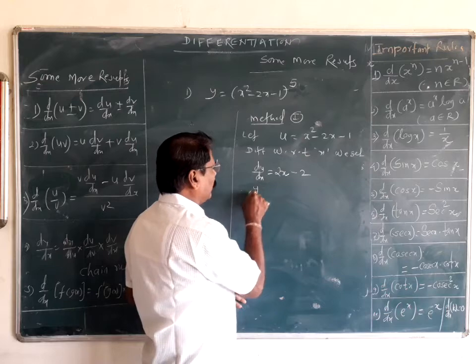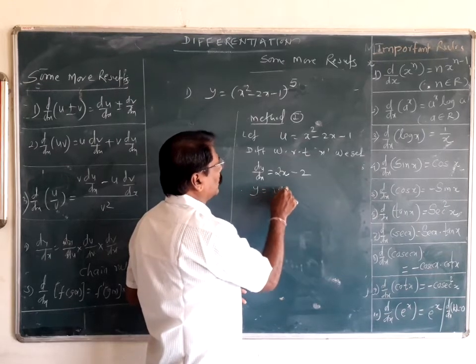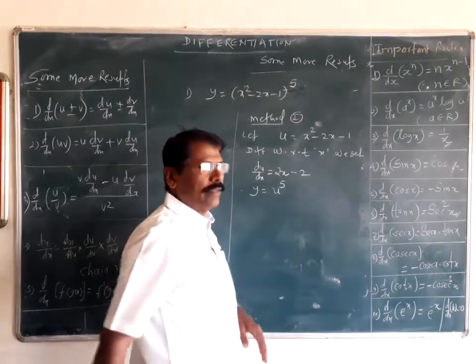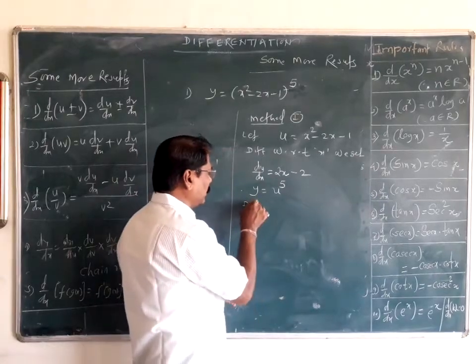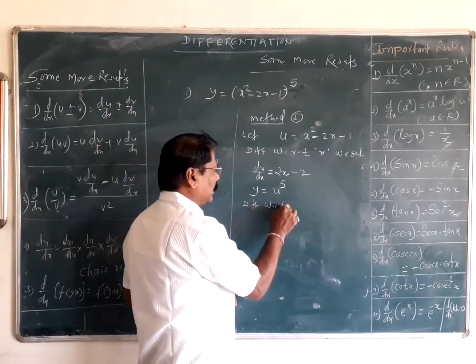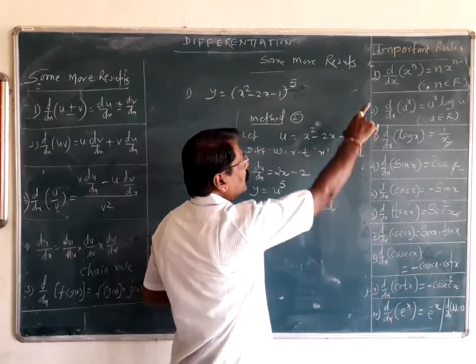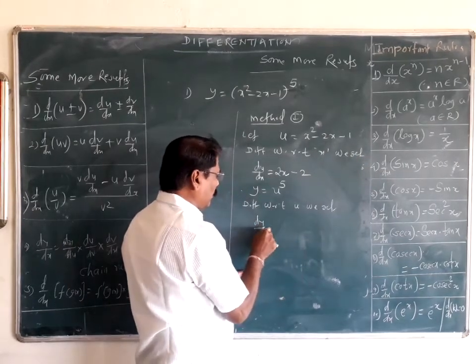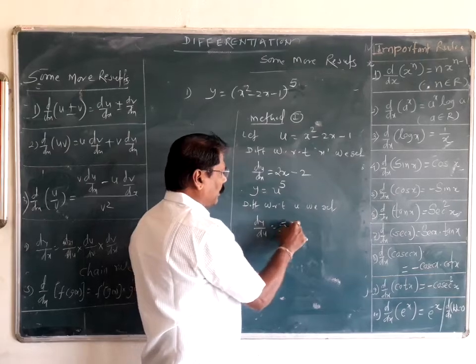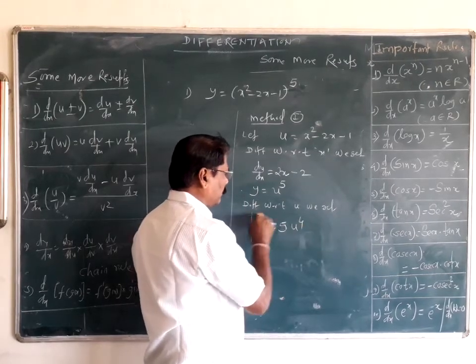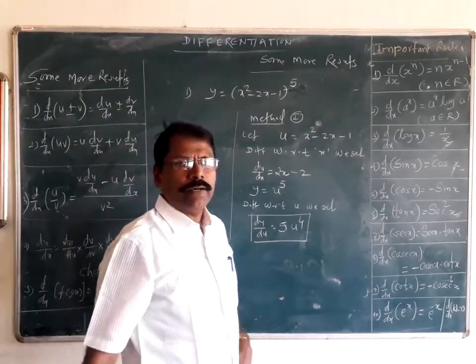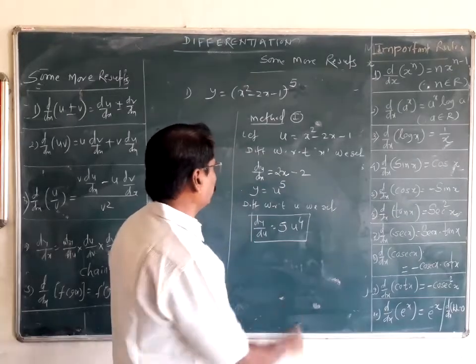You know that the derivative of a constant is 0. And now y will become u raised to 5. So here differentiate with respect to u. We get dy by du is 5 u raised to 4.